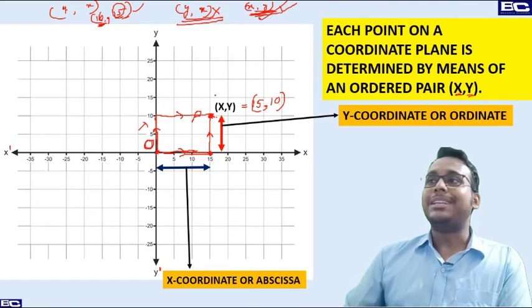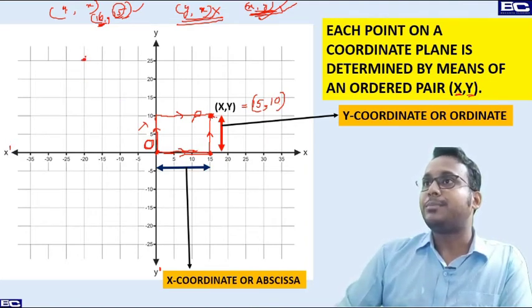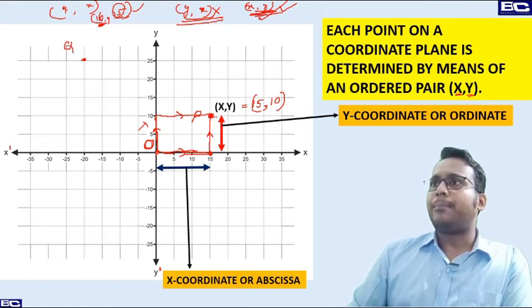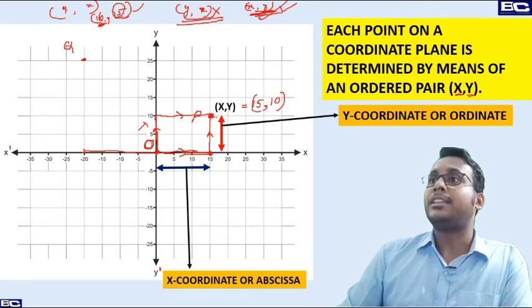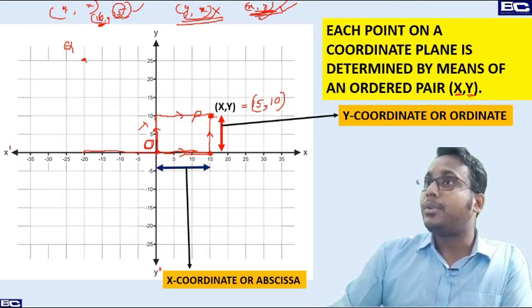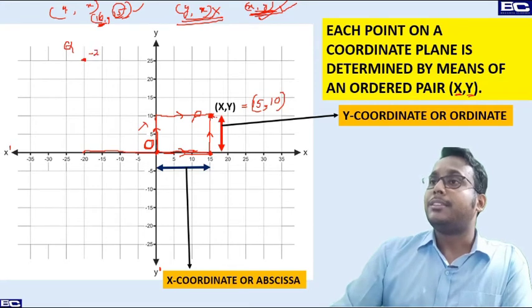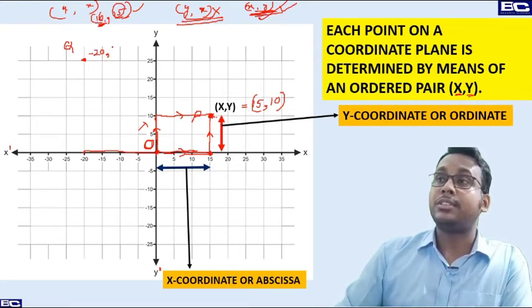Simple. Similarly, now let's find the coordinate of this particular point. Let's imagine this is the point Q. First x, so you need to go through x up to this, so minus 20, and then up to this, 25. So it is (minus 20, 25). Signs are very important. Sign convention, remember.